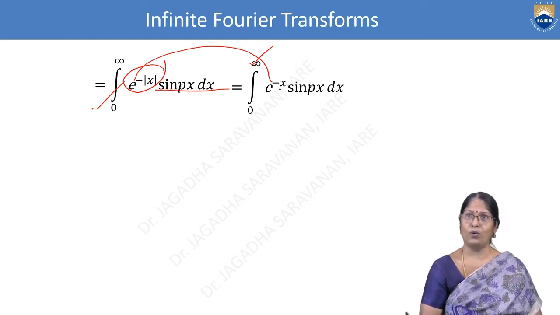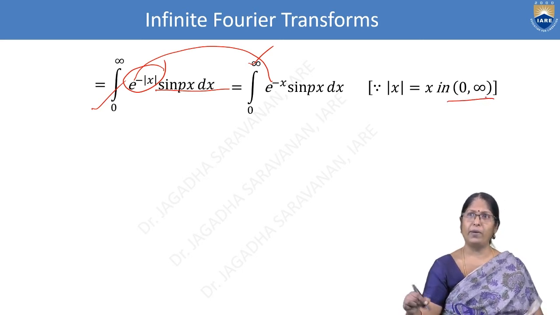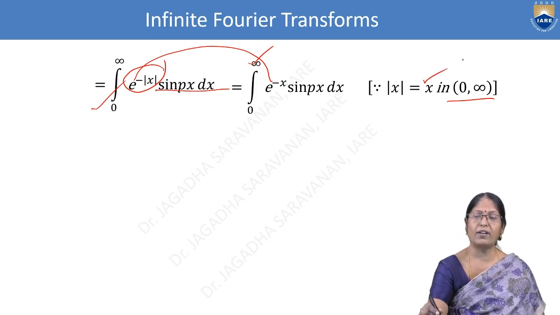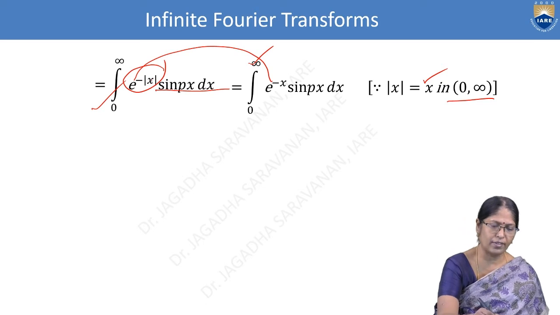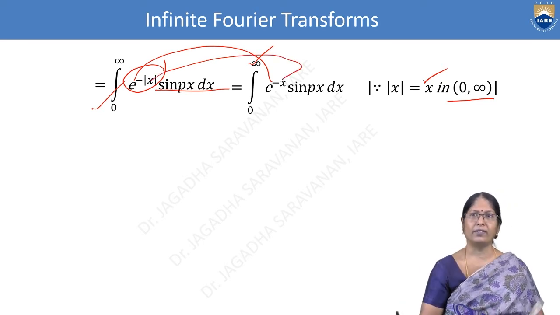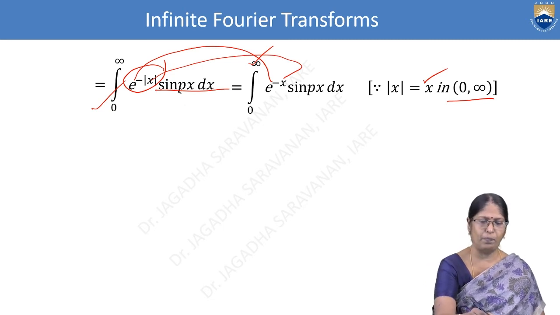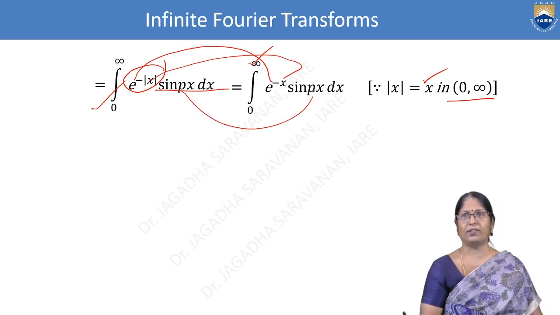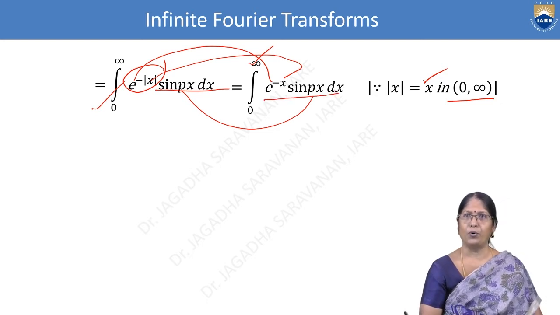Is there any rule? Yes. If the limit is from 0 to infinity, mod x is strictly x. That is the reason mod x is replaced by x. The minus sign we retained. Sin px dx.